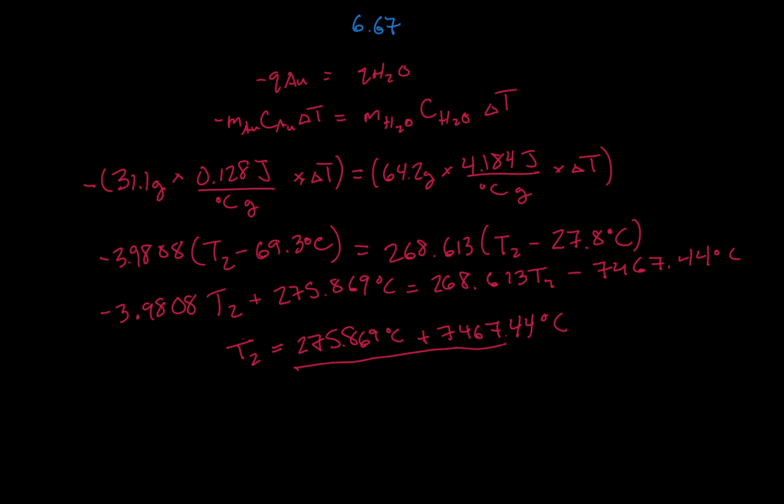We would be dividing that by the sum of these two values here. So this is 268.613 plus 3.9808. Right, and you see this is going to give you some result in degrees Celsius. And that result is 28.4. There you have it.